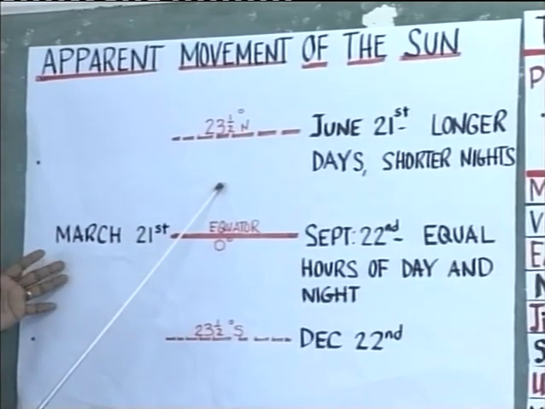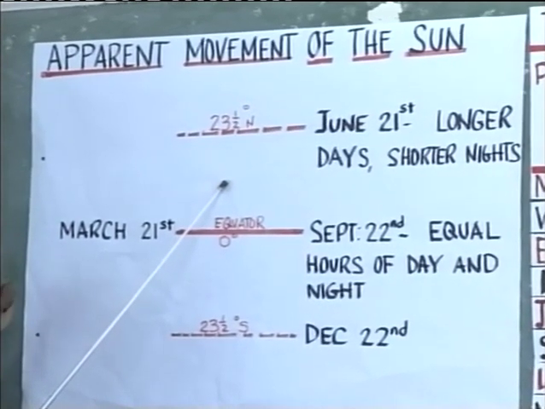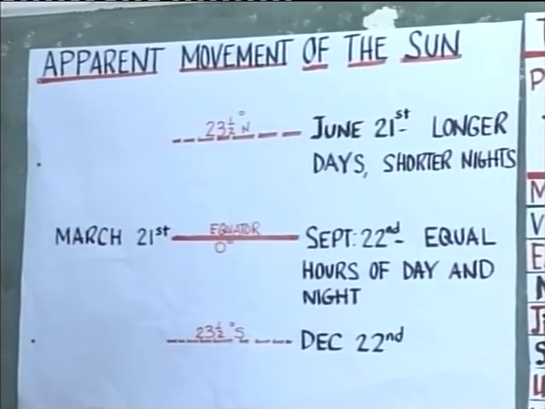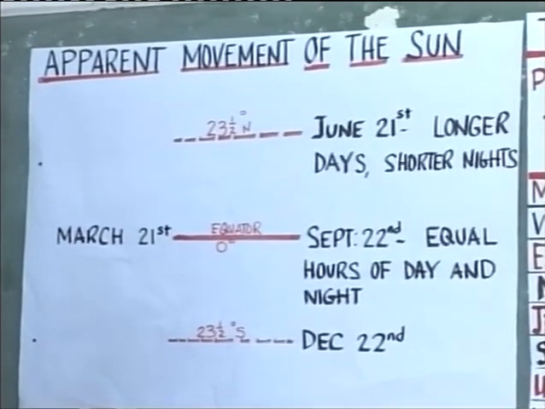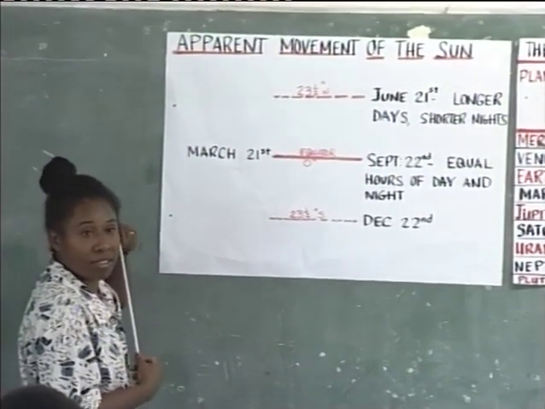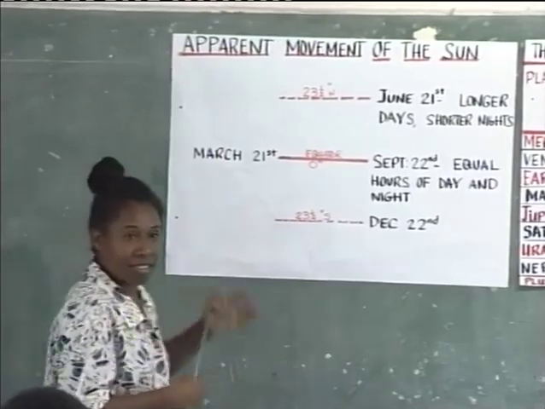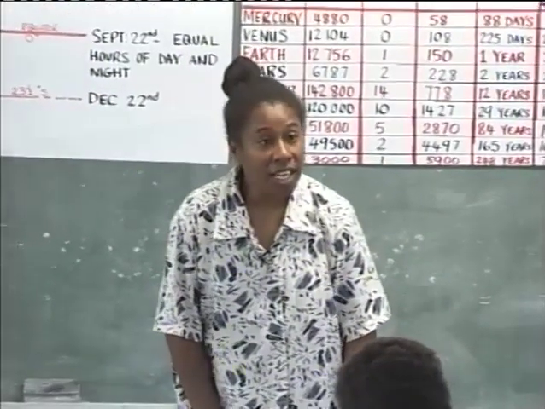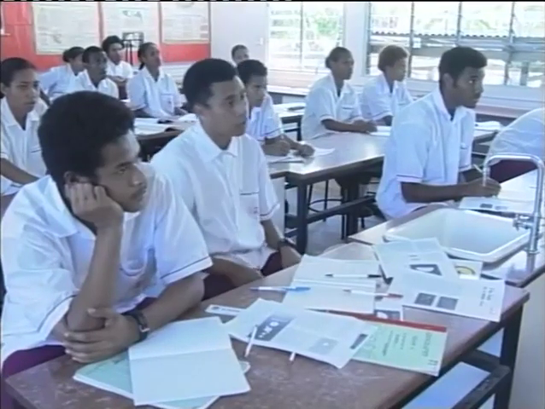So say, for example, a place experiences 16 hours of daytime. How many hours of night would they experience? The Earth rotates on its axis every 24 hours.